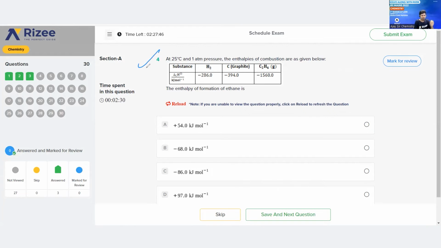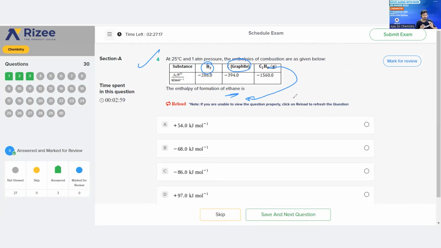In the question, they have given enthalpies of combustion, and we have to find the enthalpy of formation, especially of ethane. So what is the general formula? See here, H2 and carbon combine, and it will produce C2H6, that means ethane.